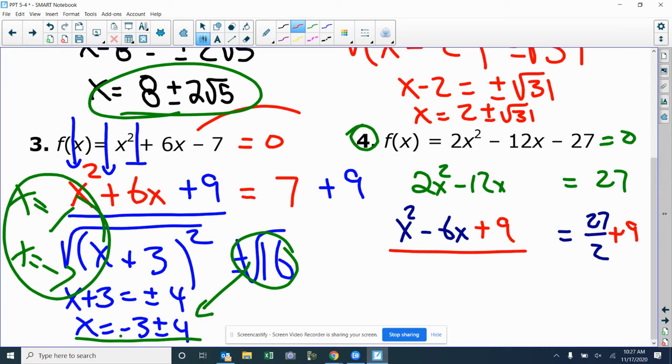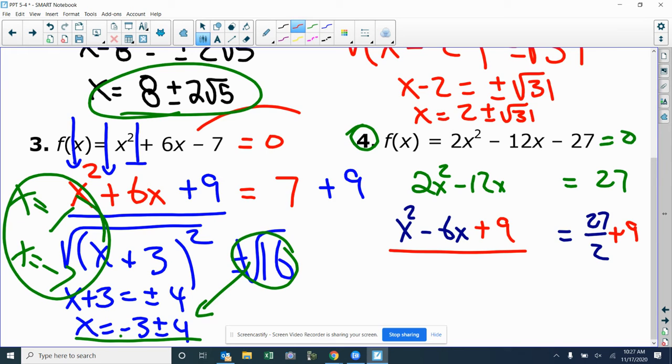A perfect square trinomial, you should be able to factor that by now. See if you can add that other side up. If you need to, grab your calculator, put 27 divided by 2, hit enter, add 9, hit enter, and make it a fraction. I want a fraction, not a decimal.